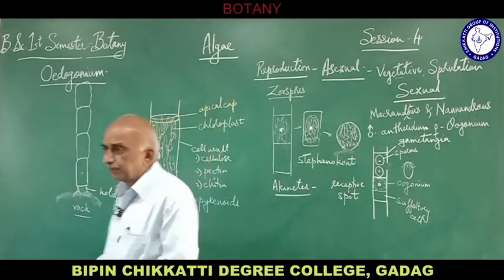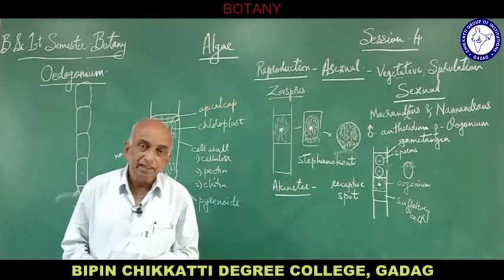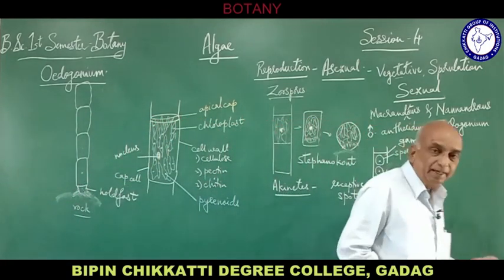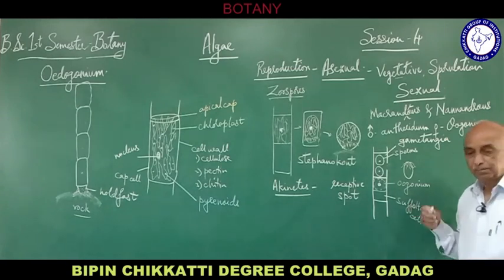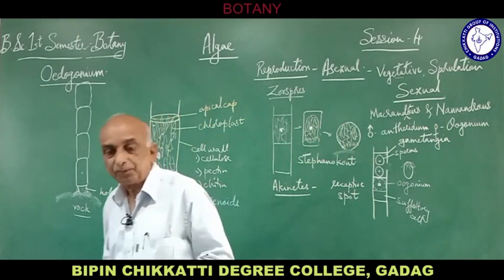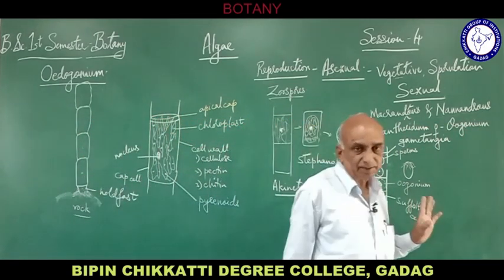That chemical is diffused in the surrounding. The chemicals of the two, the sperm and the ovum, interact with each other. As a result of interaction, if these two belong to the same species, the sperms will move towards the oogonium. But if the sperms and oogonium are of different species, the sperms will not move towards the oogonium.